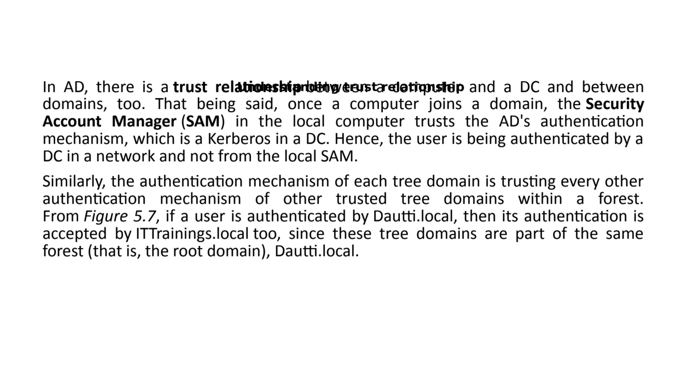DFL, on the other hand, controls which versions of Windows Server can run in the DCs of the domain, and at the same time, it enables the available capabilities in that domain only. So DFL is inside the domain, and FFL is for the whole forest.